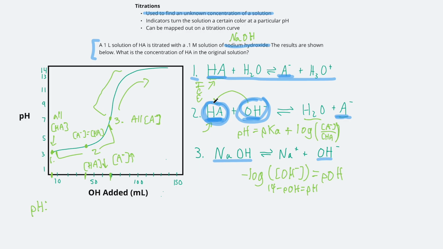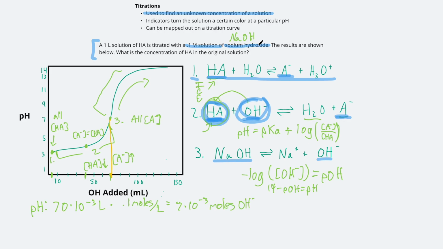So now trace a line down to figure out how many milliliters of NaOH were added, and you'll see that it's about 70 milliliters. So now you want to think about how many moles of NaOH were in 70 milliliters, because that will be equal to the number of moles of the acid, because we know that at this point all of the acid has been neutralized. So you would do 70 times 10 to the negative 3 liters times 0.1 moles per liter, because in the problem we're told it's a 0.1 molar solution, which gives us 7 times 10 to the negative 3 moles.